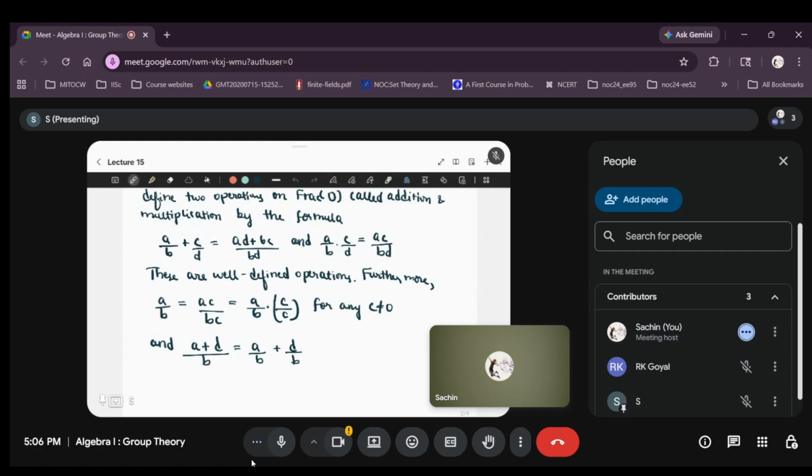So this only arises because there are multiple ways to write an equivalence class. When you're adding integers, 1 plus 2, there is only one way to write the integer 1 and one way to write the integer 2, mathematically speaking. And then 1 plus 2 is 3. There is no problem there.